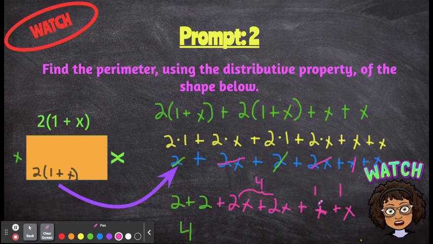We know that when there is no number next to a variable, it's going to be 1. All right, so 4 plus 1 is 6. And don't forget the variable, all right? So that becomes 4 plus 6x. Woo, guys, nice job. Look at our beautiful work.